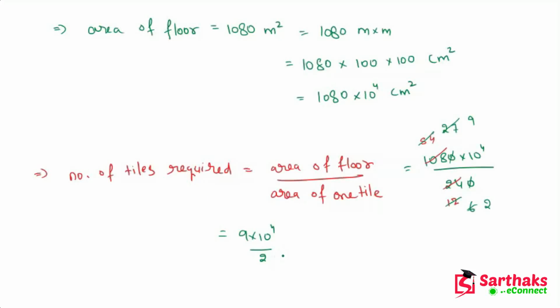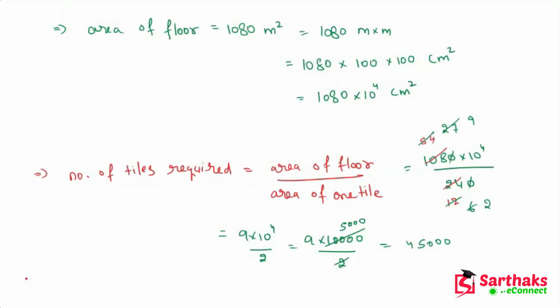Okay, got it my dear friend? So here you can see that here is 9 into 10,000 divided by 2. So this 10,000 can be divided by 2 in 5,000 times. So here we have 9 into 5,000, which is 45,000. So we can say that 45,000 tiles are required to cover the floor.